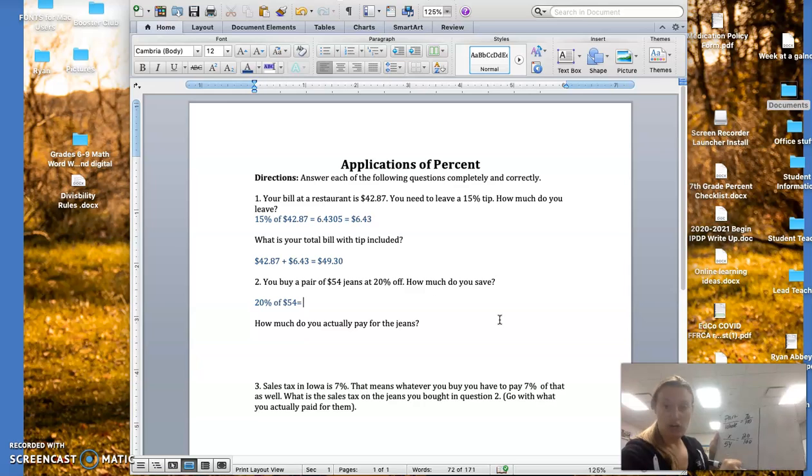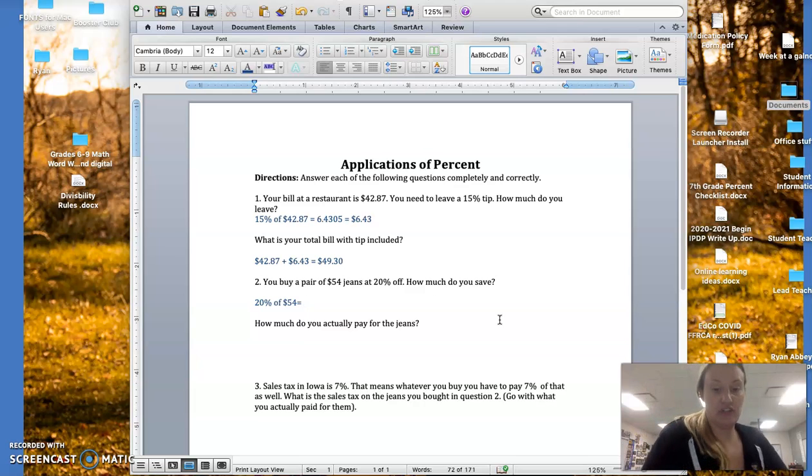And so then we can cross multiply and solve. If we're doing the equation method, that's going to be 0.2 times 54 equals x. 20% of 54. Either way, no matter which method you use, that answer is $10.80. So that means we're going to save $10.80.